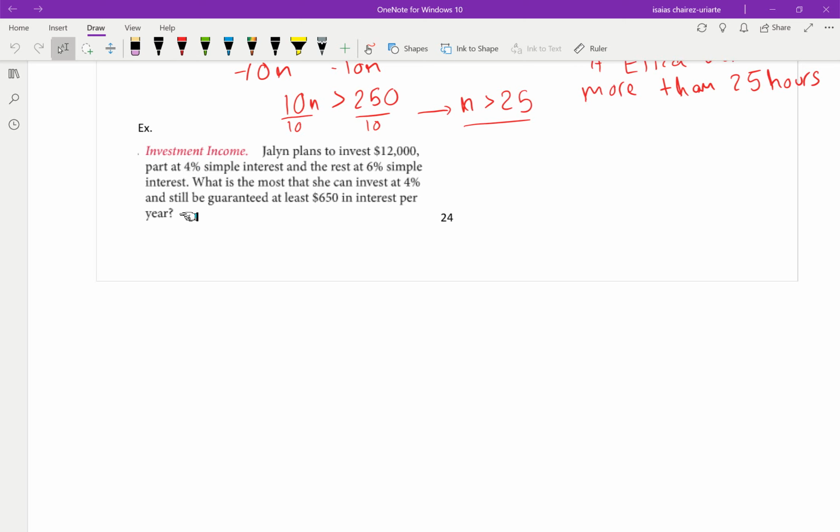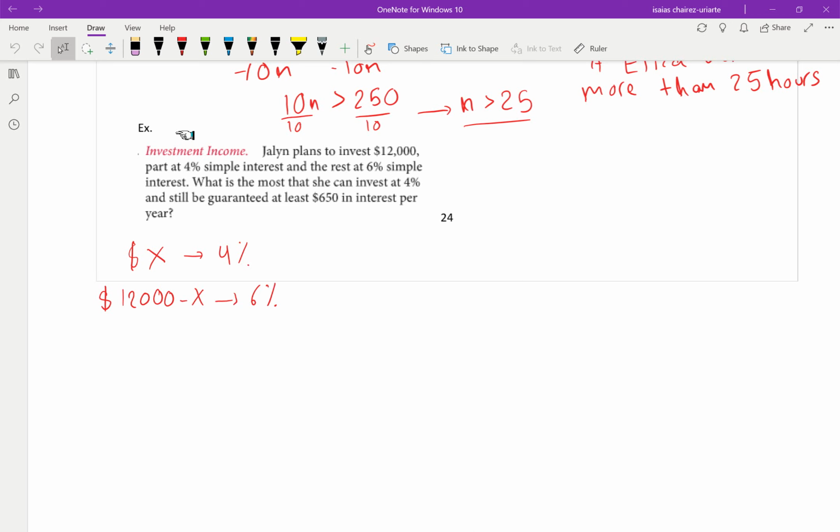Okay, so what we have first of all is I'm going to say an X amount of dollars is going to be at 4%. So if Jalen puts X amount of dollars at 4%, then she has to put 12,000 minus X at 6%.